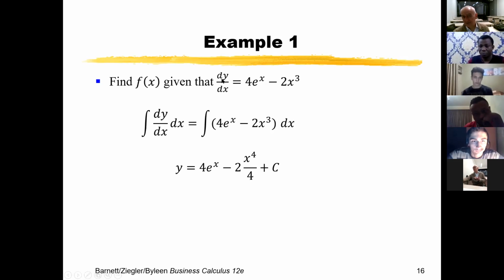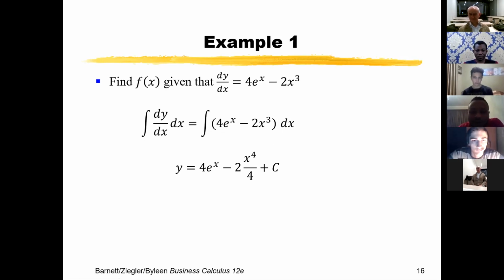Because what is written here is that the derivative of function y equals this expression. And how to find y? To find y, we need to find the indefinite integral. And we did it. Sorry, 1 minute.